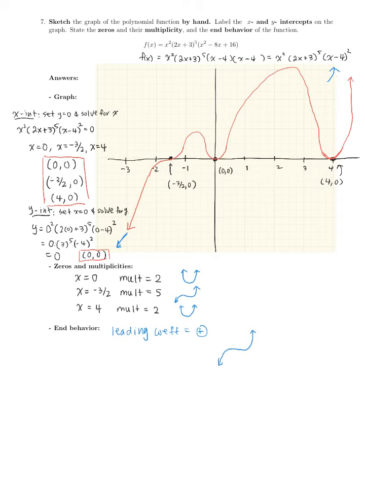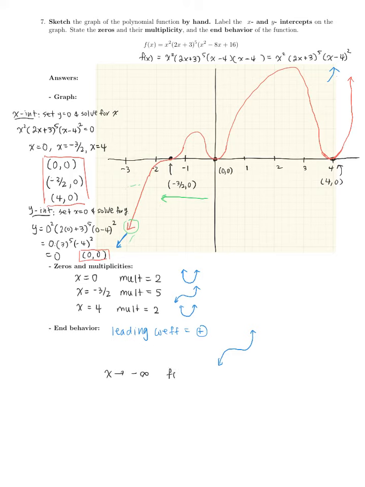All right, now let's go with the end behavior. Okay, so let's look at the tail end of the graph. As x goes to negative infinity, look at the tail end of the graph. Where is it going? The tail end of the graph is going to negative infinity.